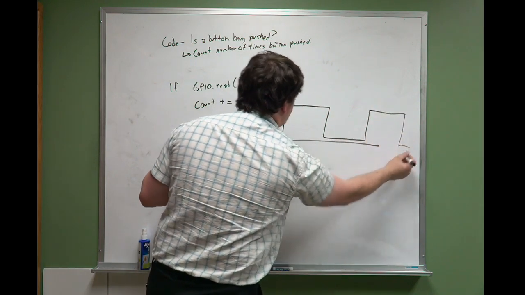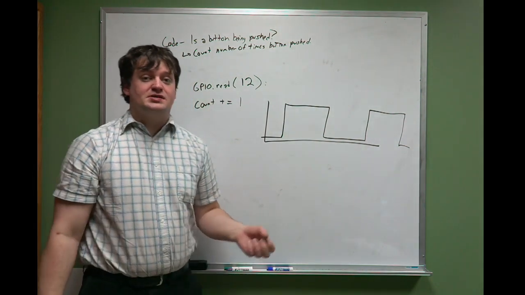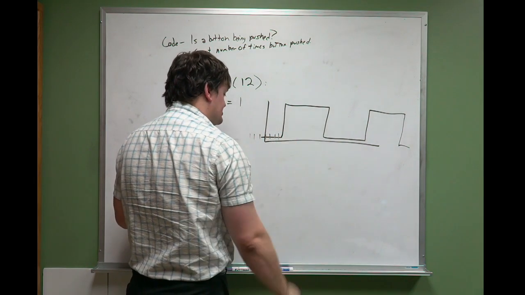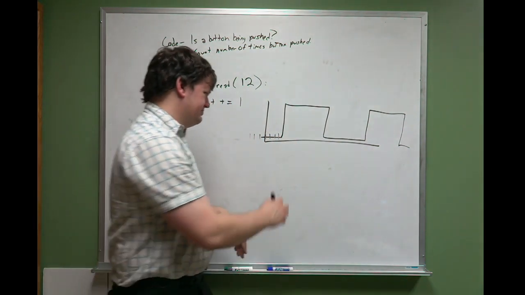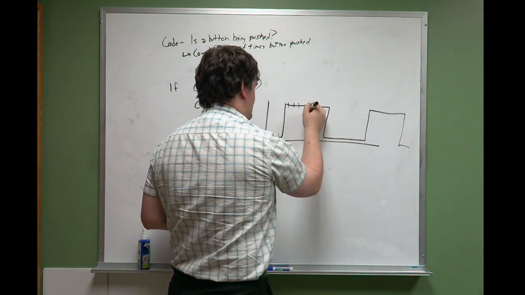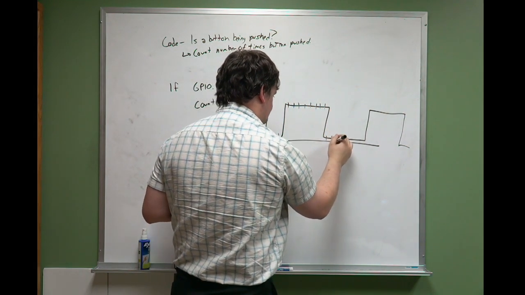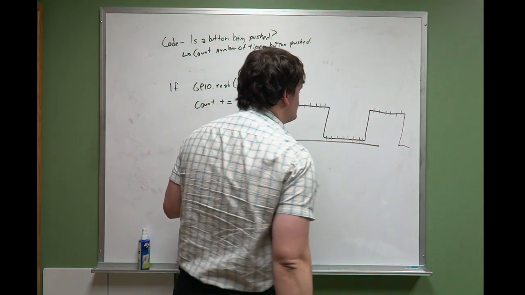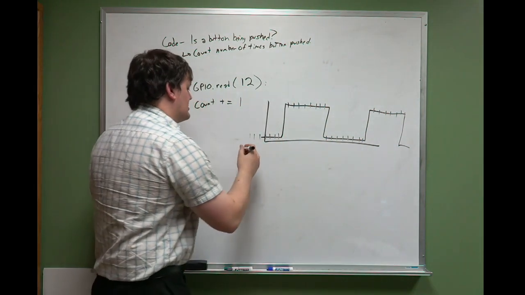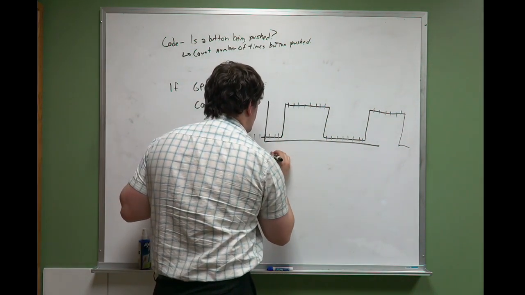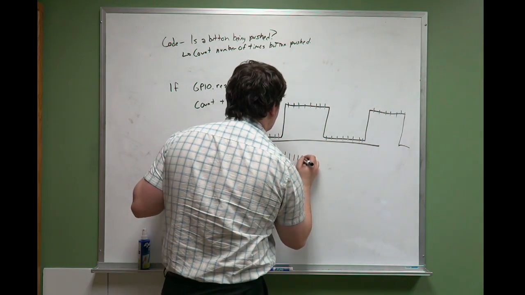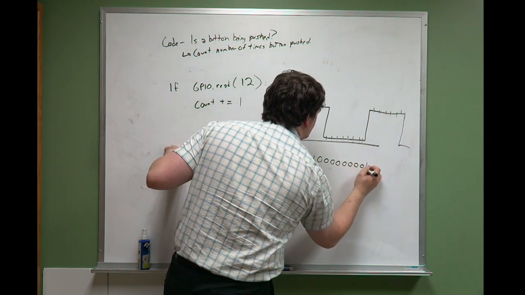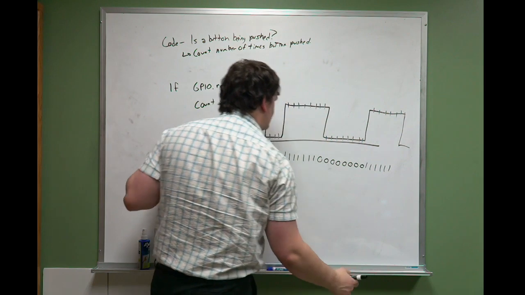Now the sampling of the actual Raspberry Pi is something where it takes a sample every so often. But this sampling is actually going to capture a number of points on and off. So the actual stream of data coming in to the Raspberry Pi is going to be 0, 0, 0, 0, 0, 0, 0, 1, 1, 1, 1, 1, 1, 1, 0, 0, 0, 0, 0, 0, 0, 1, 1, 1, 1, 1, 1.